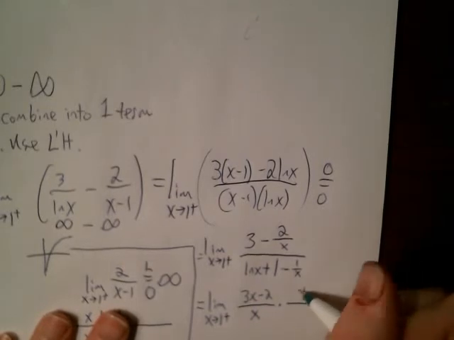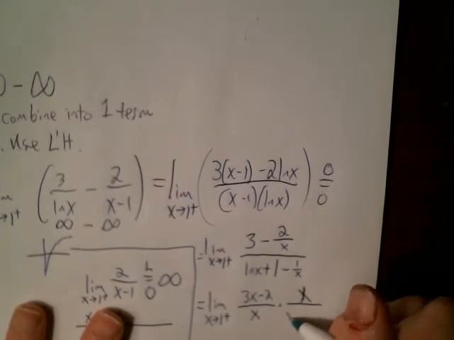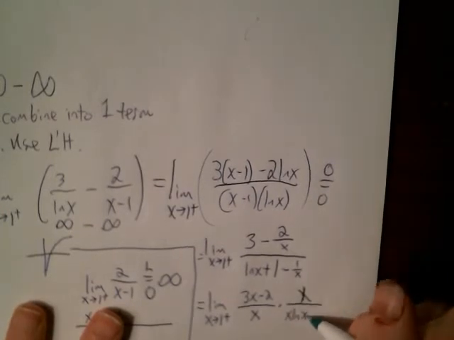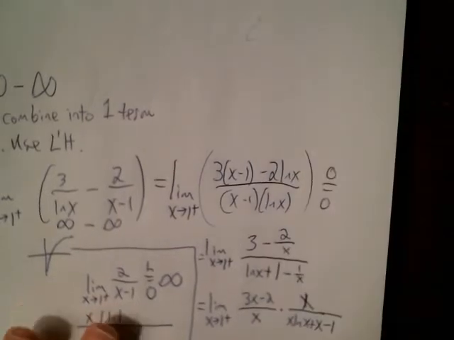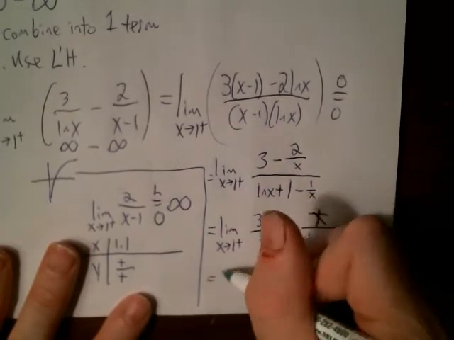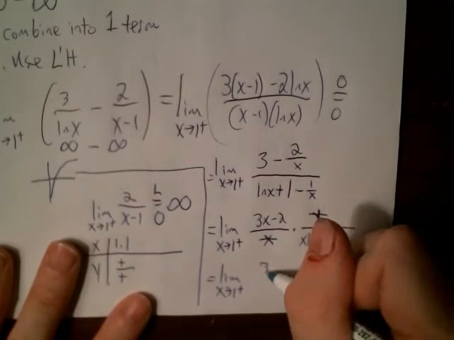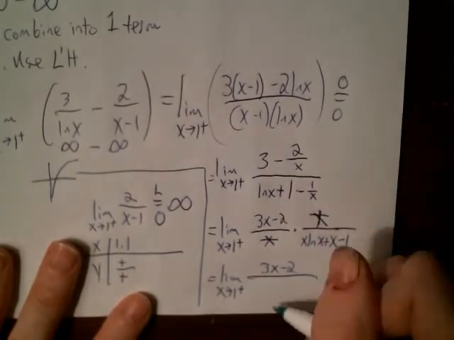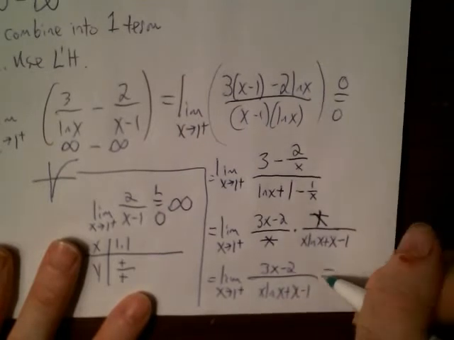And then if I do its reciprocal, the x is going to flip into the numerator. But as it sits, it'll be x ln x plus x minus 1. And then these guys will divide out, and I'll be left with the limit as x goes to 1 from the right of 3x minus 2 all over x ln x plus x minus 1.